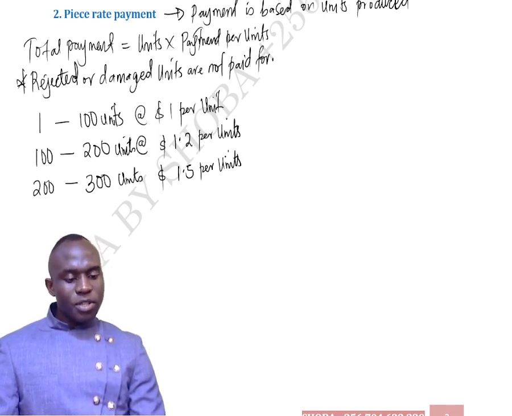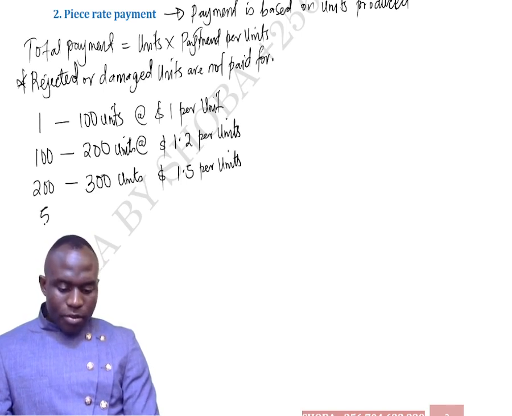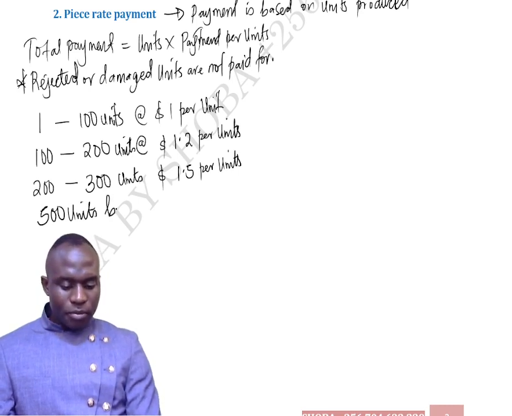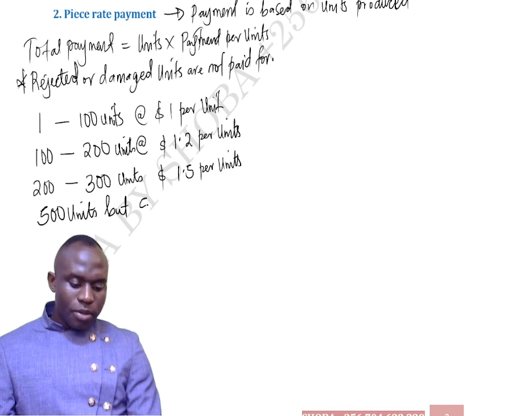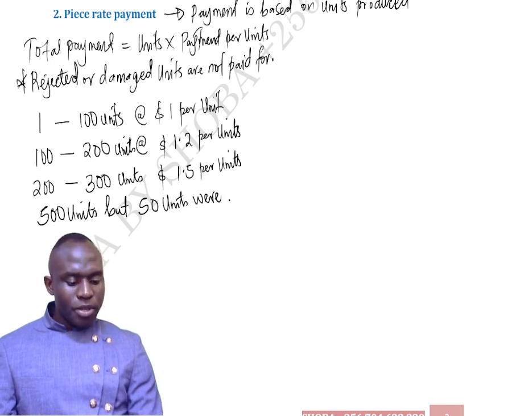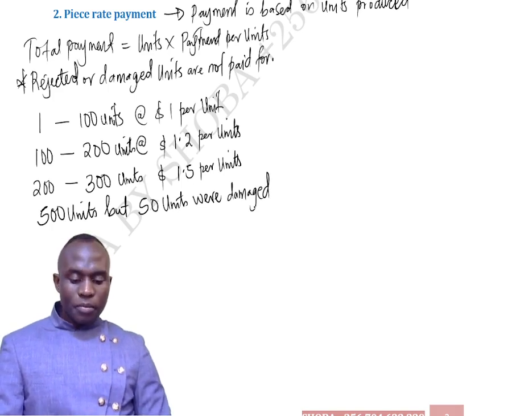Now the question is this: on a certain day, someone produced 500 units, but 50 units were rejected or damaged. So what would be the total payment for this person?